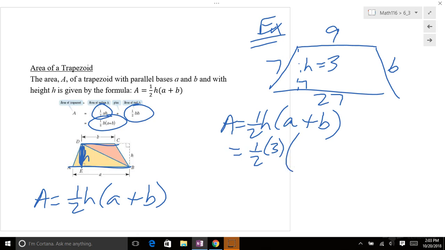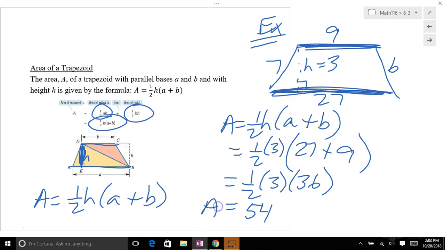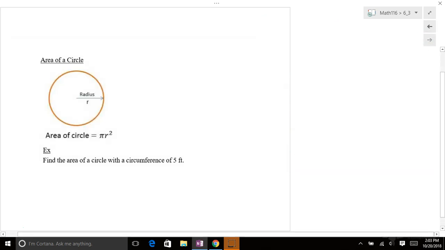And then again, the A and the B sides are the bases that are parallel. So that's the 27 and the 9 there. So you've got 1/2 times 3 times, what's that, 36. So let's see, that's 18, half of 36, 18 times 3 is 54. So it looks like you've got 54. And again, this is square, whatever your units are. That's the area of a trapezoid.